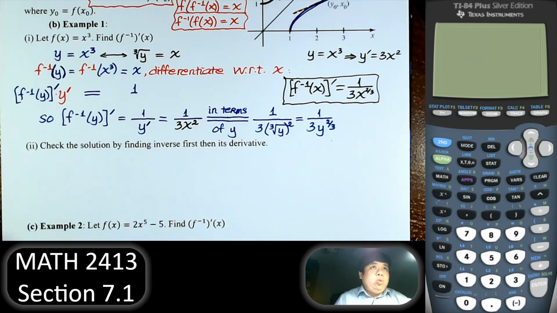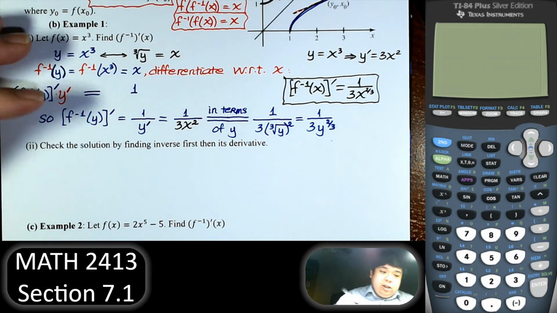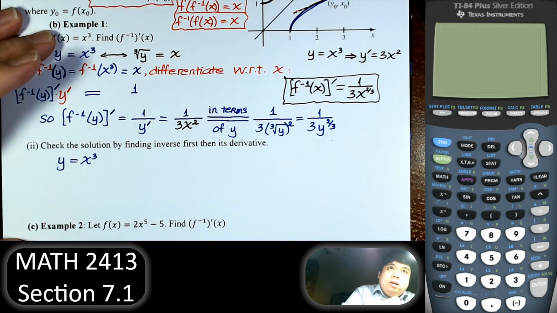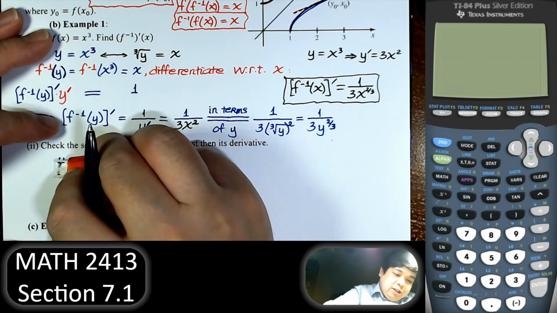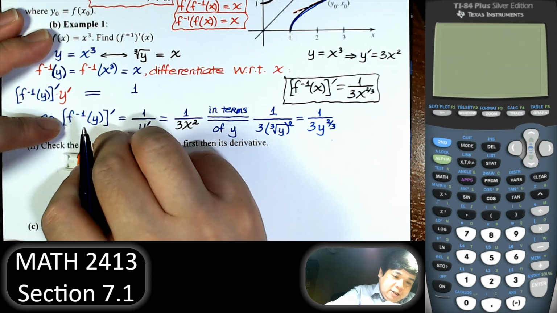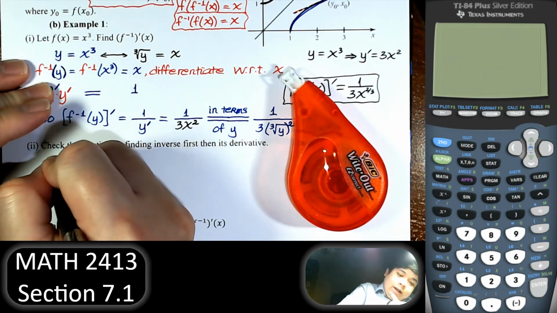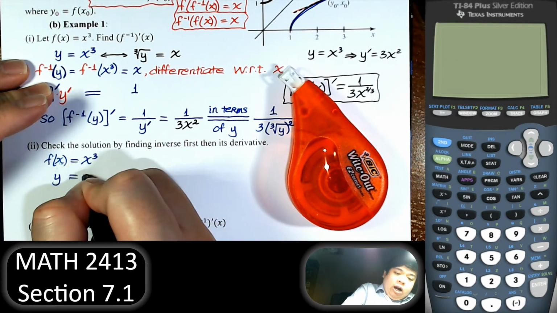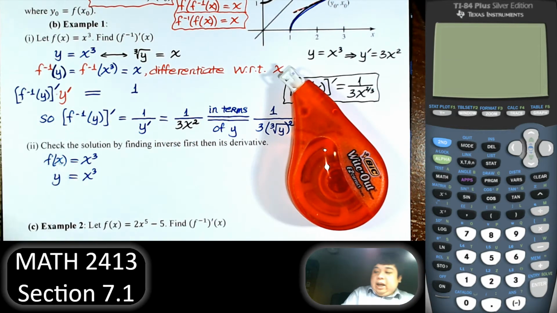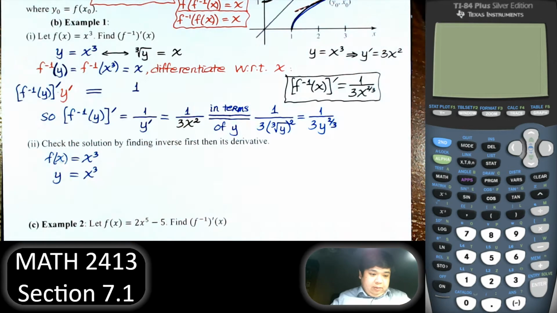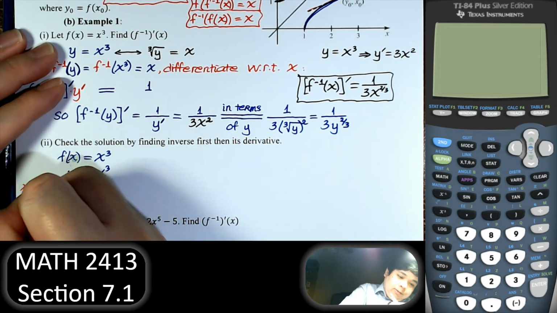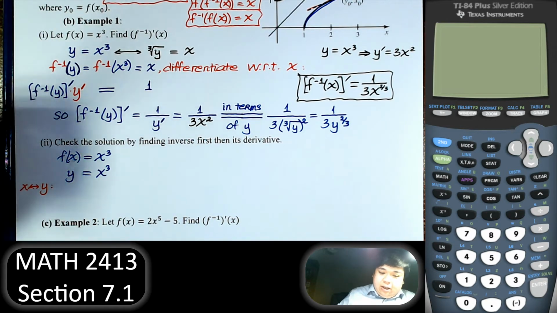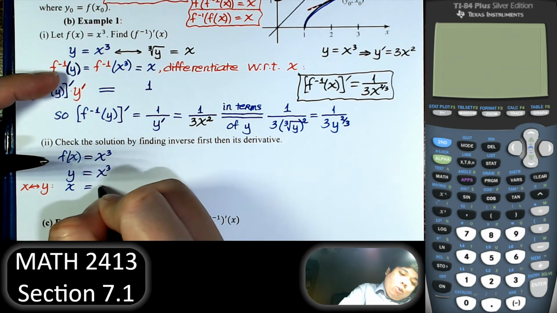The other way, of course, we can just do that directly. So since y equals x cubed, f of x equals x cubed. If we replace y by x cubed, and then we interchange x and y, that gives us x equals y cubed.